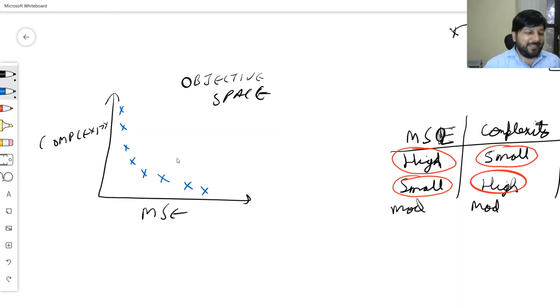You can do a knee analysis, which gives the one which has the best trade-off. It neither has a very high MSE, it's equally low, nor does it have a very high complexity, it's equally low. But then there's something interesting that you can do over here.